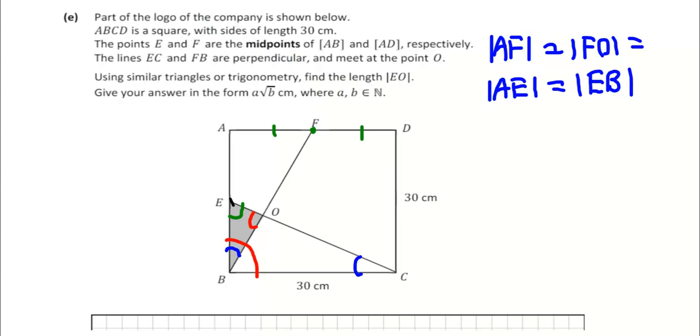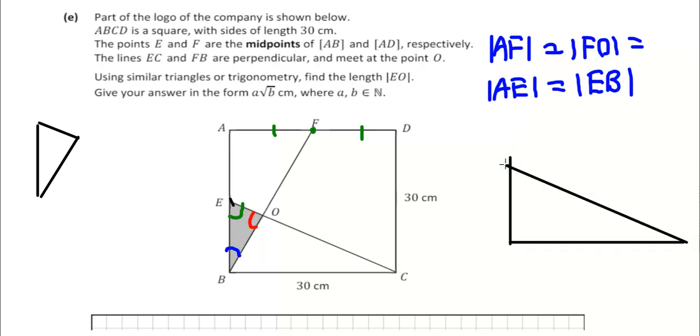Now, if you're a bit like me and you feel that that diagram's a bit flooded for your liking, I tend to draw them out separately. Even in an exam, I'd draw these two triangles out separately and mark them out. I wouldn't mark it on the main thing. I'd mark it outside it, just so my diagram doesn't get too flustered.